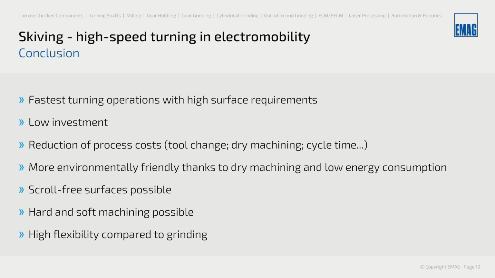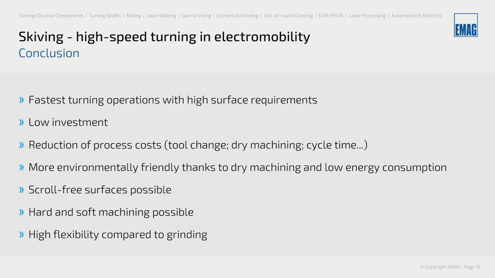We are more environmentally friendly, thanks to dry machining and low energy consumption. We can do scroll-free turning, scroll-free surfaces. We can do hard and soft machining, and we have a high flexibility compared with a grinding machine.